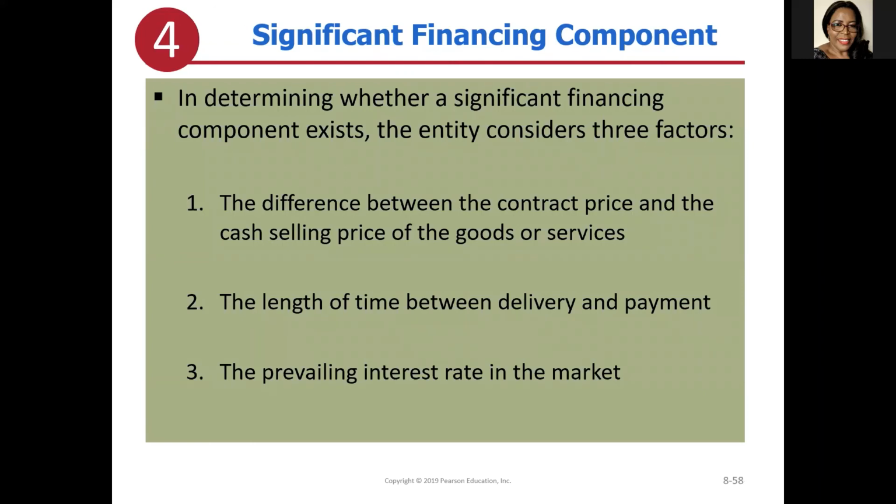In determining whether a significant financing component exists, the entity considers the 3 factors on this slide. There are 1, the difference between the contract price and the cash selling price of the goods or services. 2, the length of time between delivery and payment. And 3, the prevailing interest rate in the market.